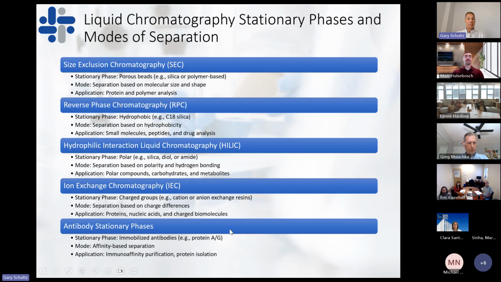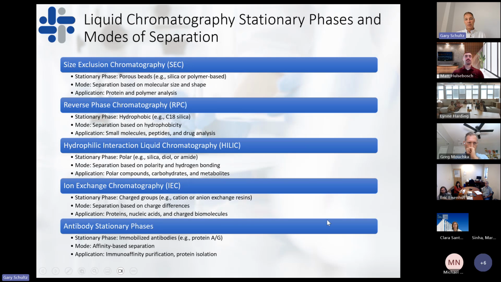We can also make special antibody columns to target any specific peptide or protein that's of interest to you. We bind those antibodies to particles, put those particles inside column bodies, and then use them to selectively extract and isolate your peptide or protein from a complex mixture.